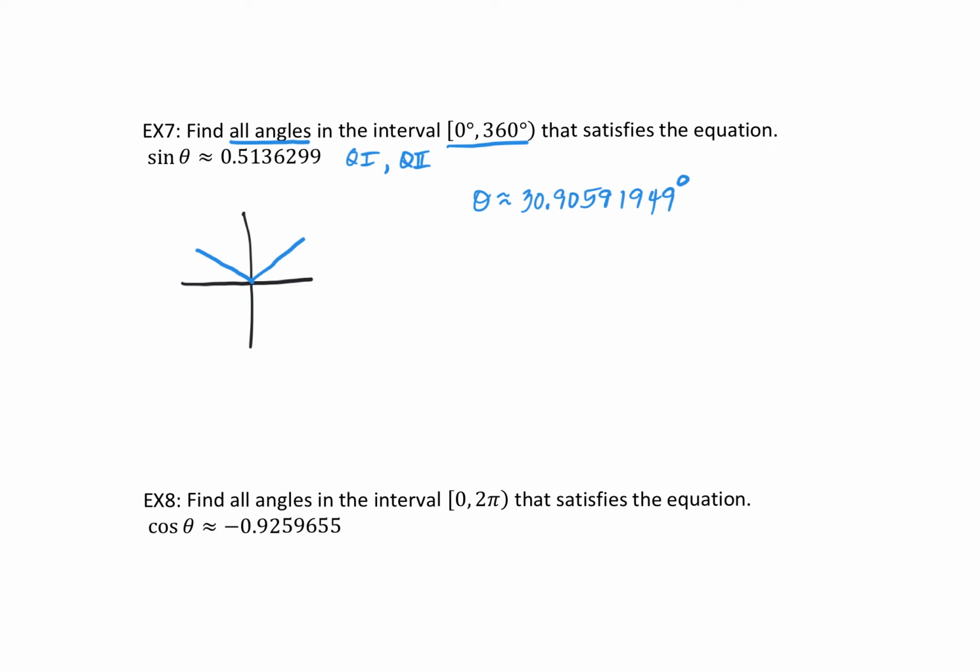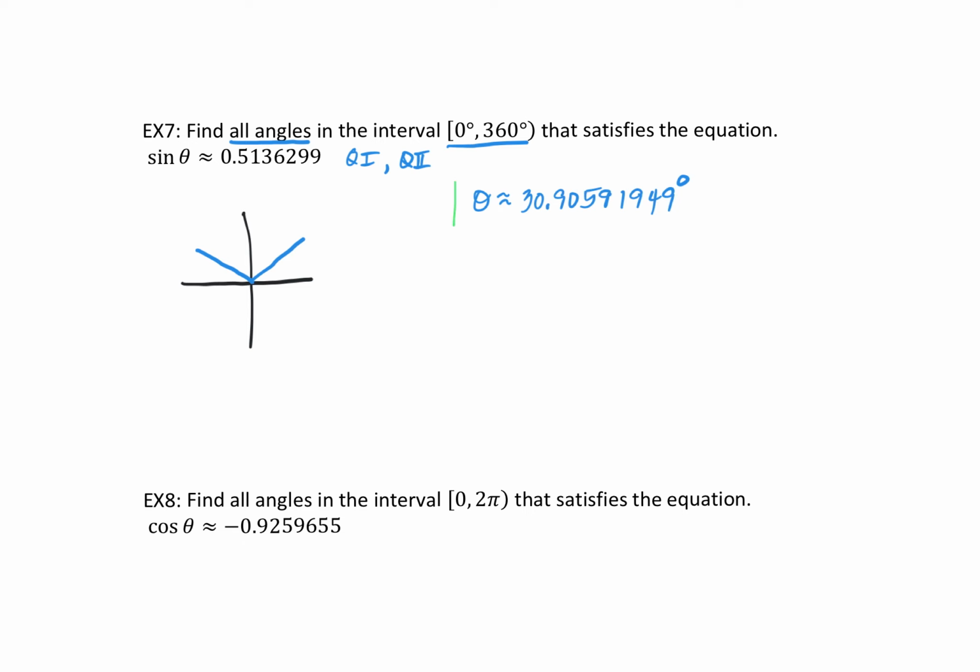These are degrees. So it's about 31 degrees, and that makes sense because the 0.513 is about 1/2, so it should be about 30 degrees. That answer makes sense to me.